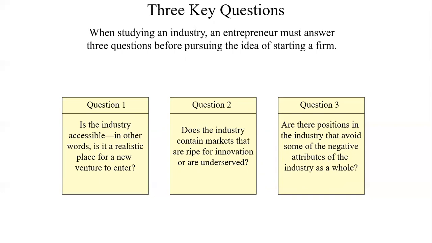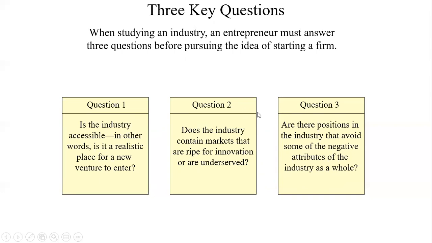The third question is, are there positions in the industry that avoid some of the negative attributes of the industry as a whole? So if you take a sober look at the industry, does it consist of positions that avoid some of the negative attributes of an industry?